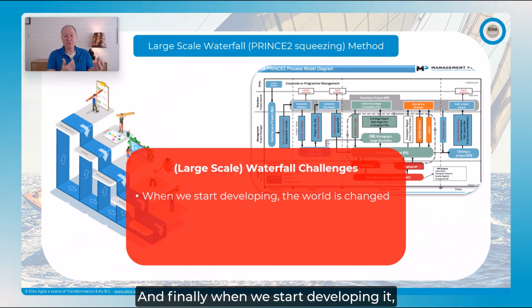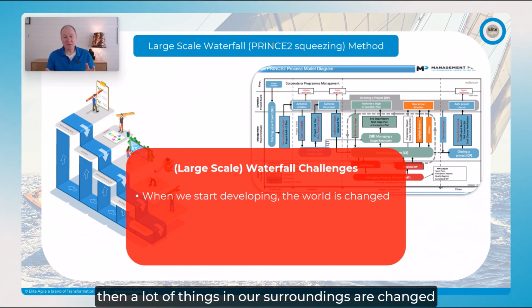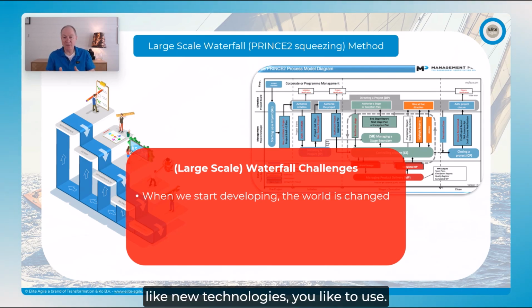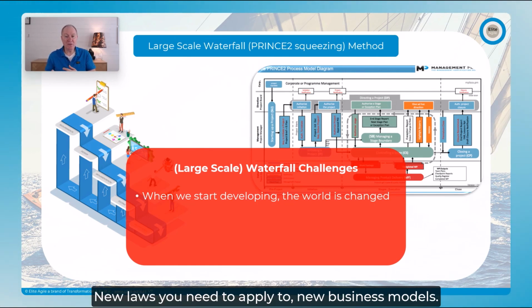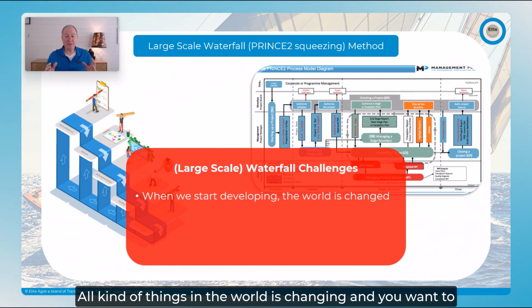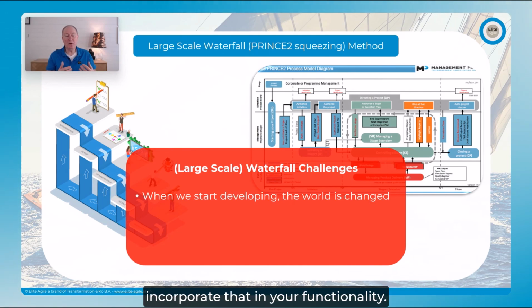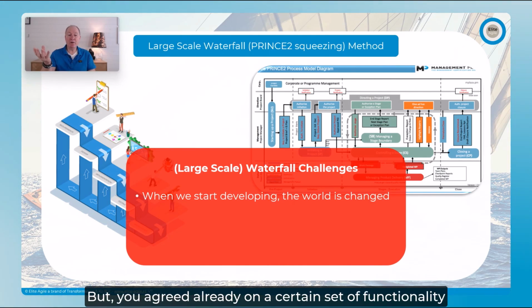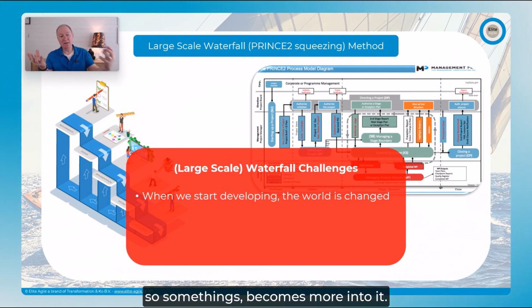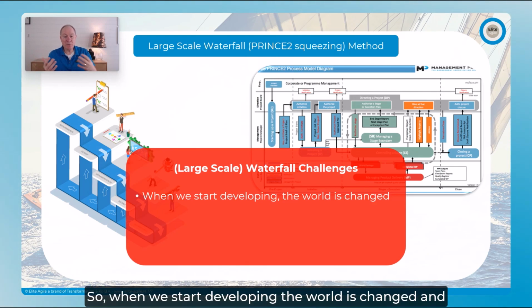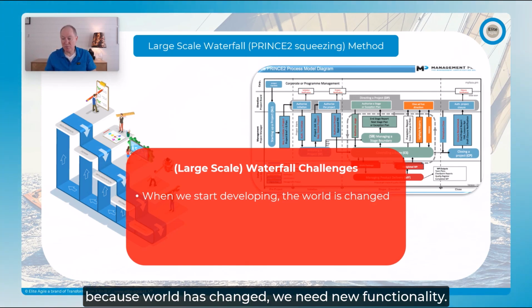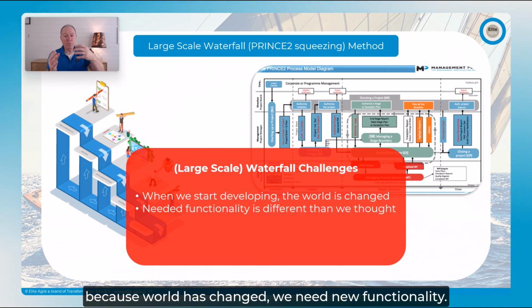And finally, when we start developing it, a lot of things in our surroundings have changed, like new technologies you would like to use, new laws you need to apply to, new business models, all kinds of things in the world are changing, and you want to incorporate that in your functionality. But you agreed already on a certain set of functionality, so more stuff comes into it. So when we start developing, the world has changed, and because the world has changed, we need new functionality.